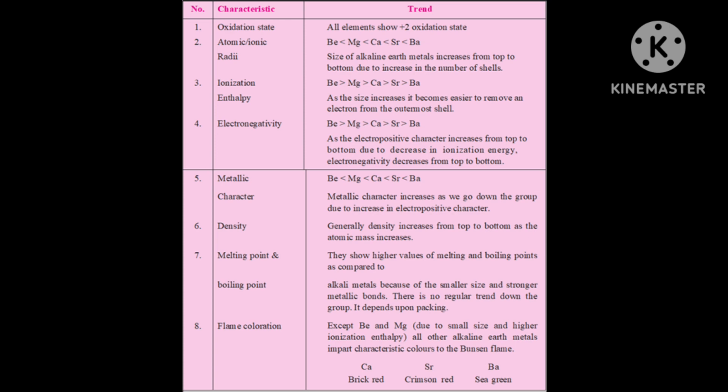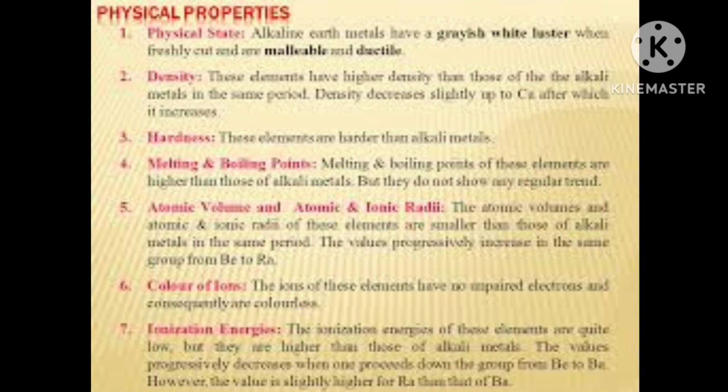And now this third one, calcium, is minus 2.84, again more reactive than magnesium because it is more negative. And again strontium, further, minus 2.89, more than calcium.